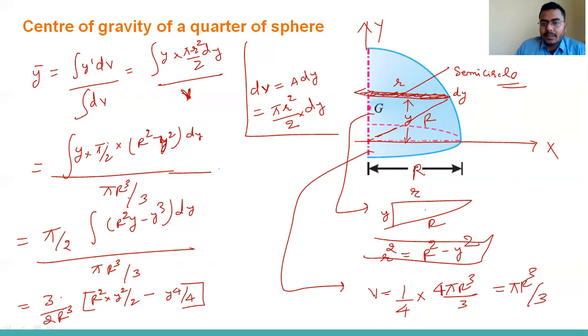When the segment will be here, y will be 0. When the segment will be here, y is equal to capital R. So capital R will be the upper limit, 0 will be the lower limit. So we can write 3 by 2 r cube into r square, r to the power 4 by 2 minus r to the power 4 by 4.